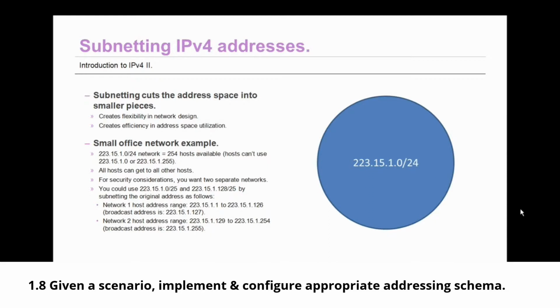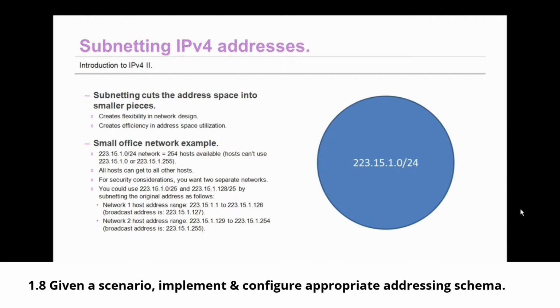Originally, we have a network address of 223.15.1.0/24. This is a Class C private network, and it gives us a possible 254 hosts available. Why only 254?